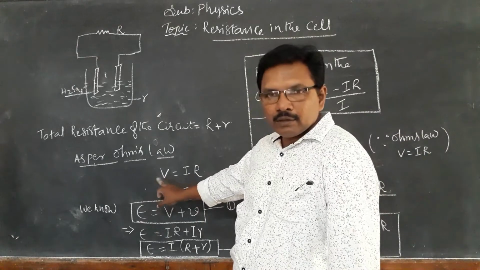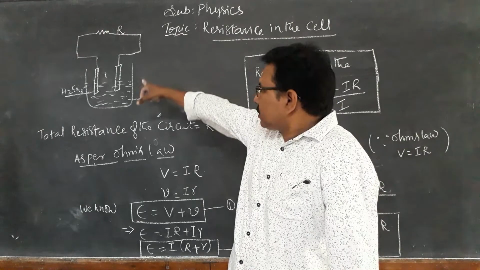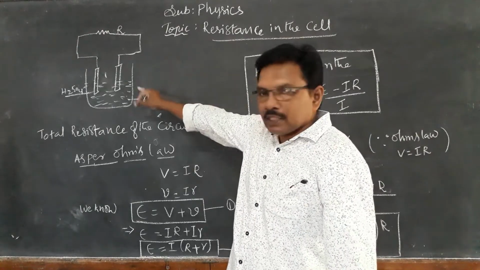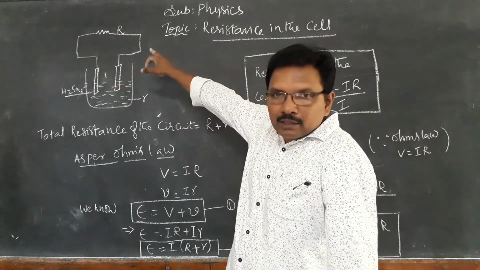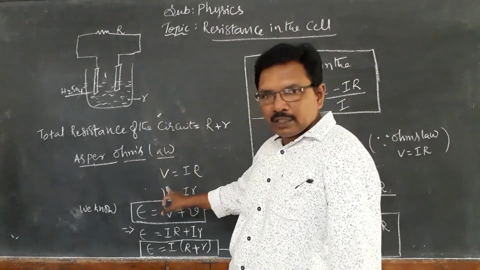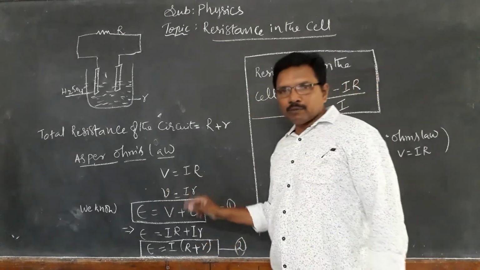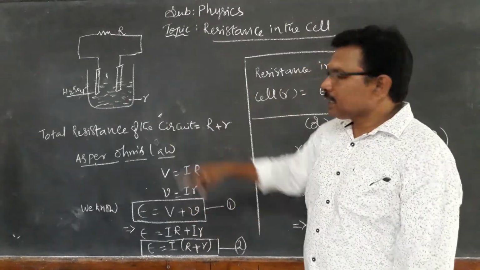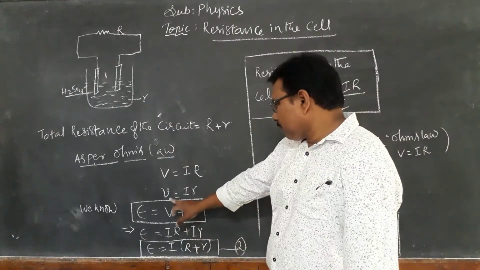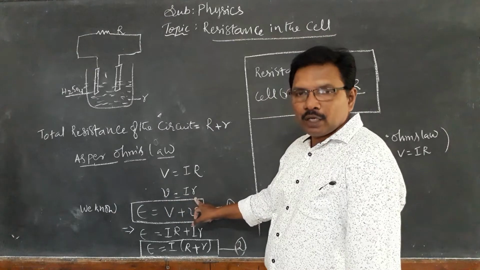Outside the terminal means the outside circuit which is connected to the cell. That outside circuit has some resistance. Because of the resistance, outside potential difference V is equal to IR as per Ohm's law. Inside the cell, the potential difference is v is equal to I small r.